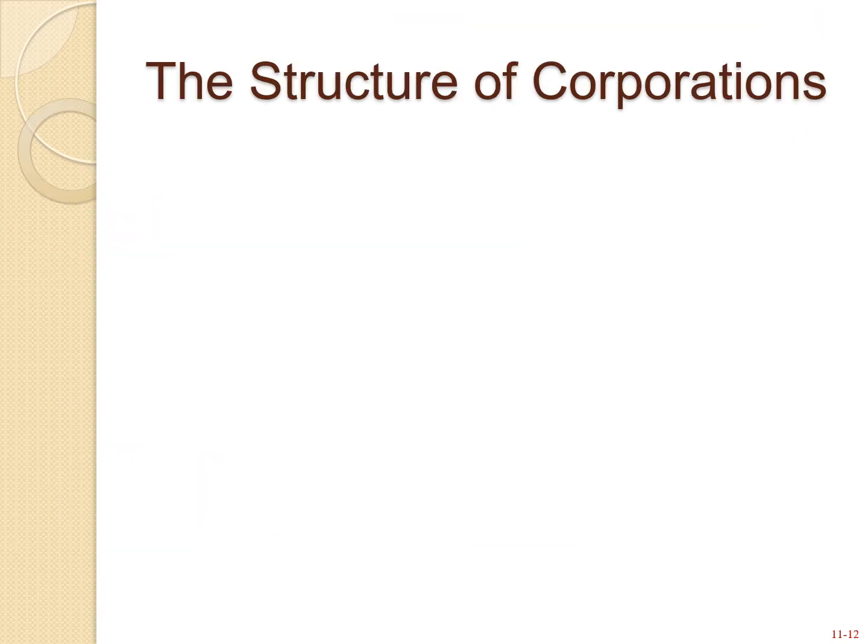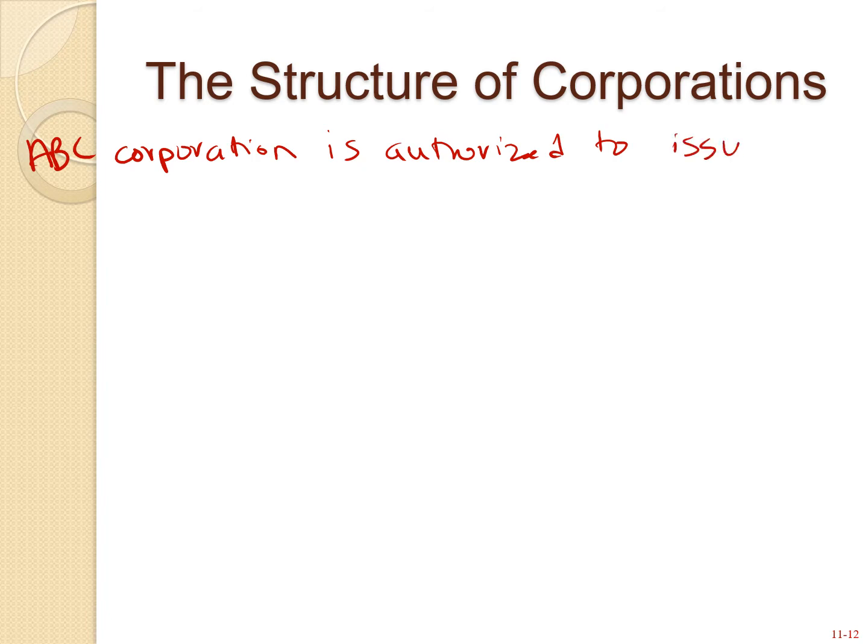Now, I just want to give a brief example about the structure of corporations. I'll do this by giving a simple example. Assume that you have ABC corporation, which is authorized to issue 5 million shares.